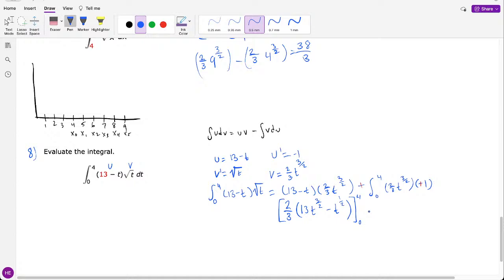And then the 2/3 should come out, right? Because a constant does not stay inside of an integral. I'm trying to say it right, or the way other people say it.